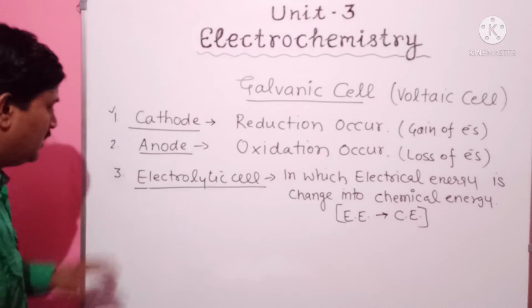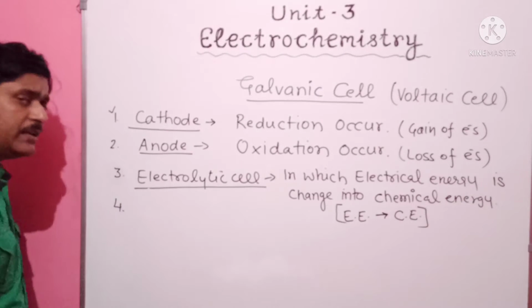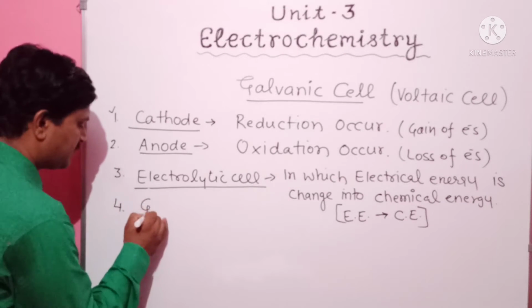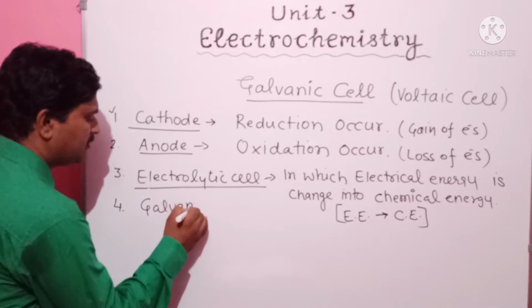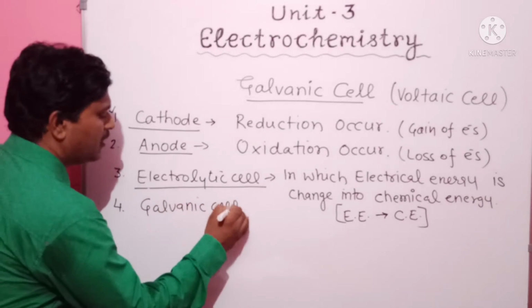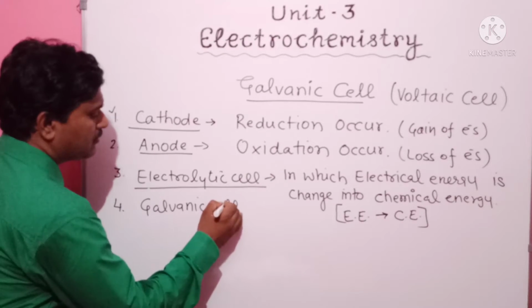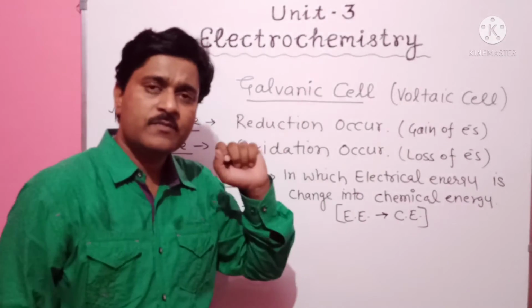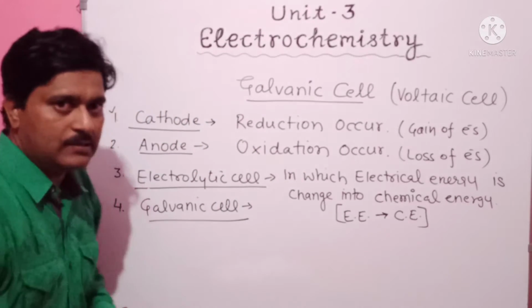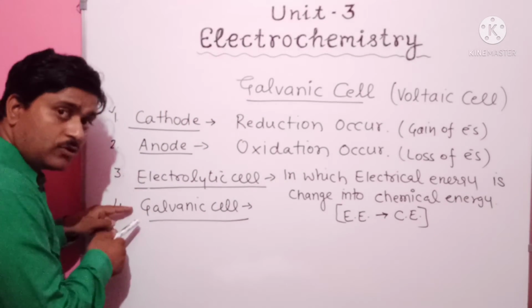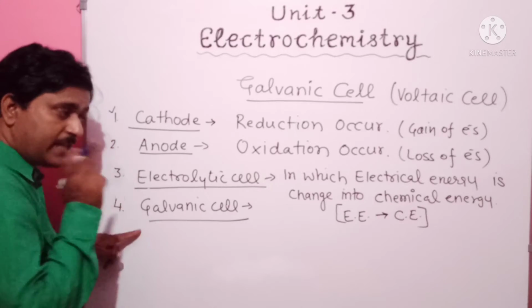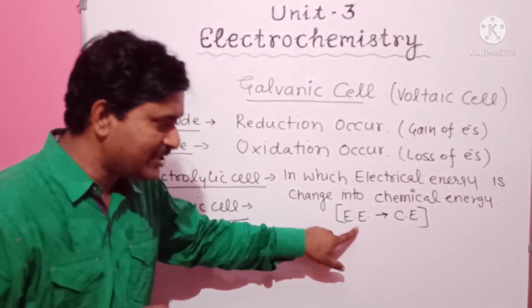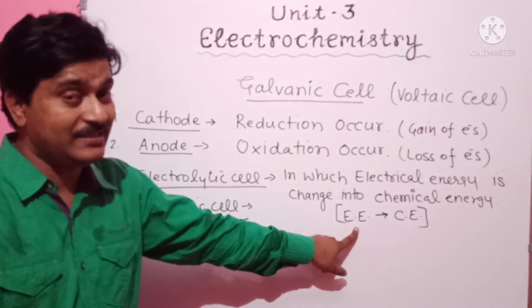Now another important definition is the galvanic cell, or voltaic cell. What is a galvanic cell? It is the opposite of the electrolytic cell. It is the cell in which chemical energy is changed into electrical energy.